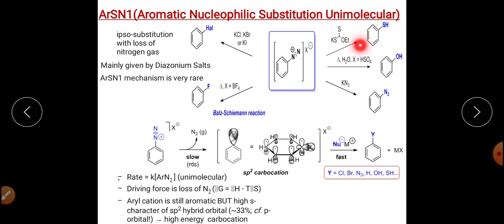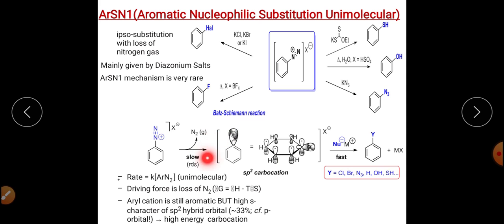On the screen you can see some reactions in which N2 is eliminated from benzene diazonium salt, and this is being converted into different types of products. So these reactions are aromatic nucleophilic substitution reactions, and all these reactions will proceed with the ArSN1 mechanism.